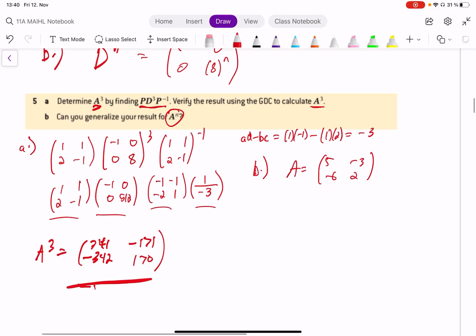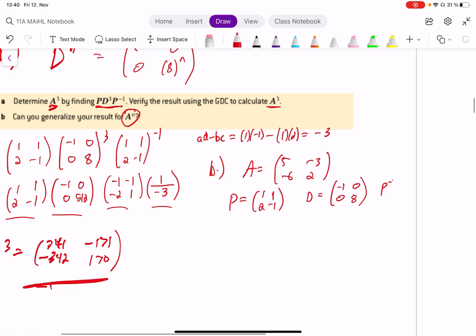We need our P matrix, which we know to be 1, 2, 1, negative 1. Remember, that's our eigenvectors. We need our diagonal matrix, which is our eigenvalues in the diagonal there. And we need the inverse of P, which is P inverse.